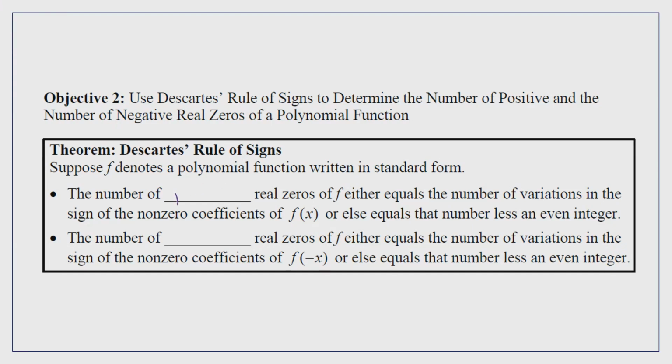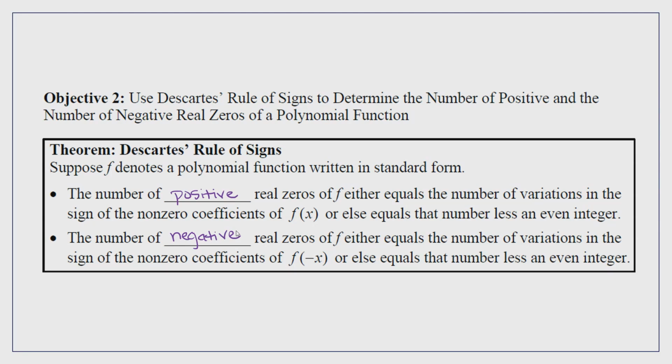The number of positive real zeros of f either equals the number of variations in the sign of the non-zero coefficients of f of x, or else equals the number less an even integer. The number of negative real zeros of f either equals the number of variations in the sign of the non-zero coefficients of f of negative x, or else equals that number less an even integer.